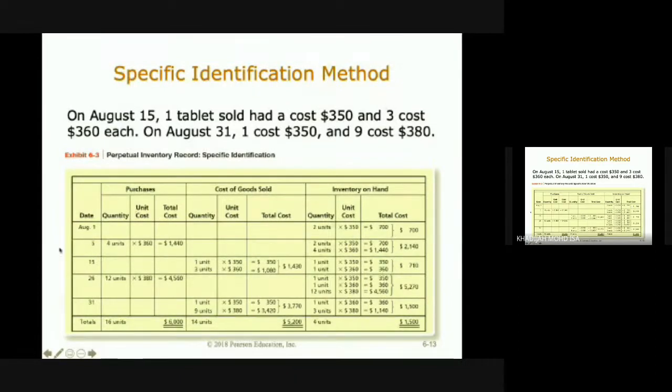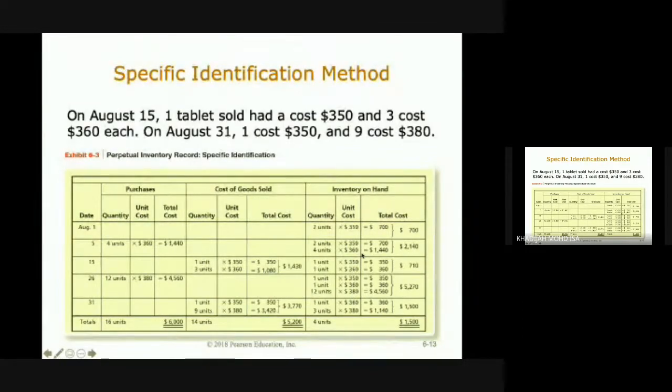On August 5th, you buy 4 units and each unit costs 360, giving 1440. As of August 5th, you have 2 units that cost 350 and 4 units that cost 360. The 4 units are the ones you just purchased today on August 5th. So far so good?